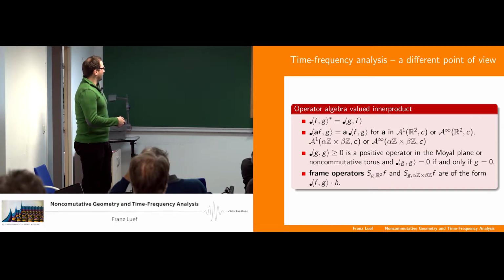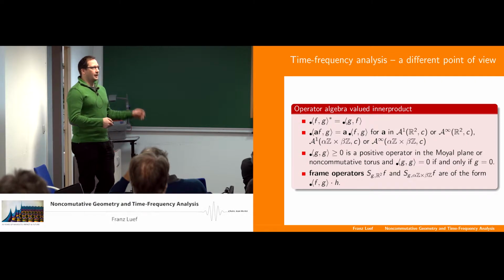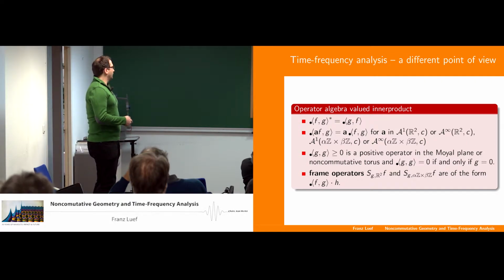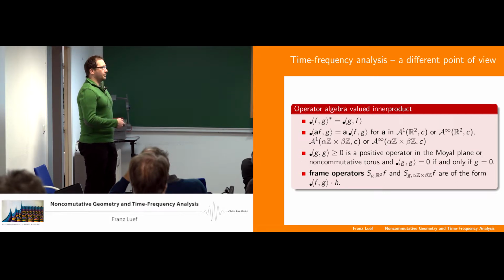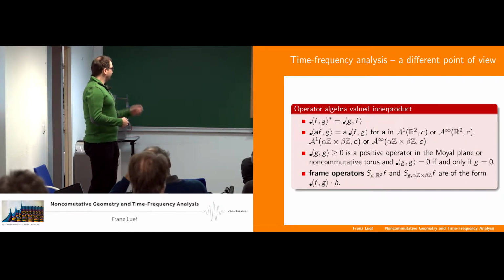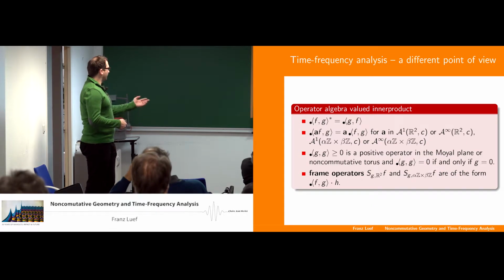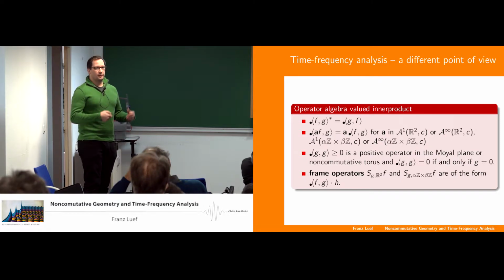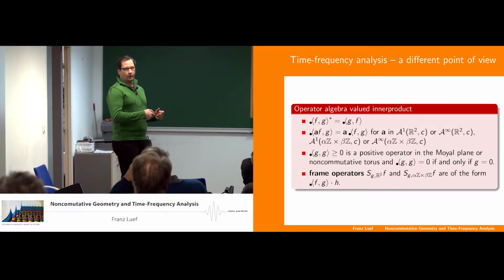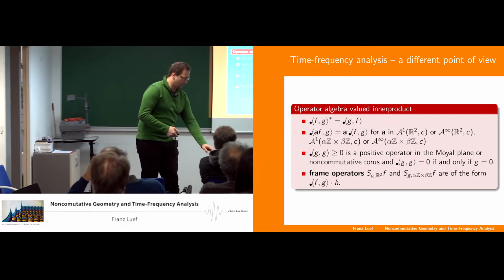So if you take operators in your respective classes and your f and g in S0 or Schwartz, you get these relations, and you can also show it's a positive operator and precisely 0 when g is 0. And in this way, you also get that frame operators can be viewed as rank 1 operators with respect to this operator valued inner product.